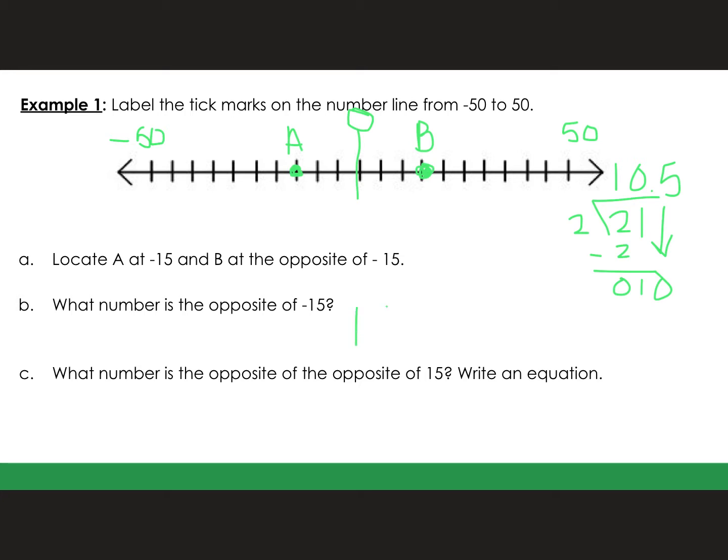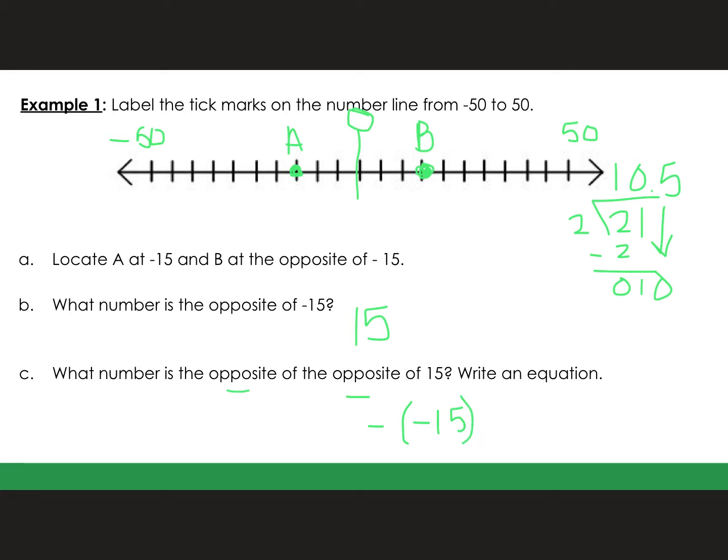So what is the number that is opposite of negative 15? It is 15. What number is the opposite of 15? So we often think of the word opposite as negative signs. So the opposite of 15 means the negative of 15, which is negative 15.